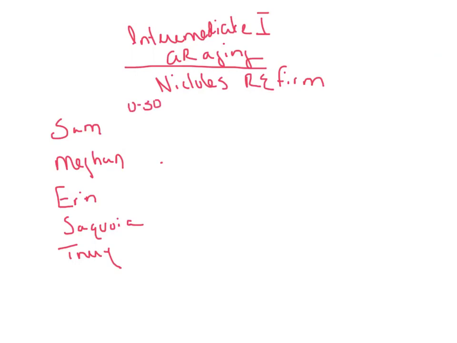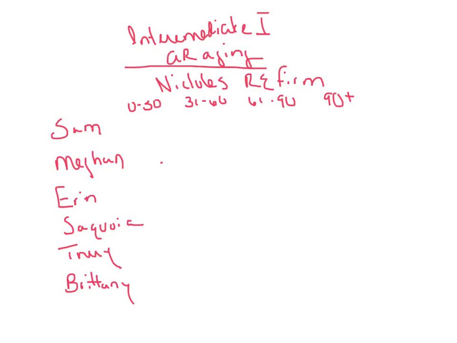So 0 to 30 days, 31 to 60 days, 61 to 90 days, 90 plus days. Oops, we forgot to include Brittany as a customer. Sorry, Brittany. Each of you are a customer of Nicole's real estate firm.